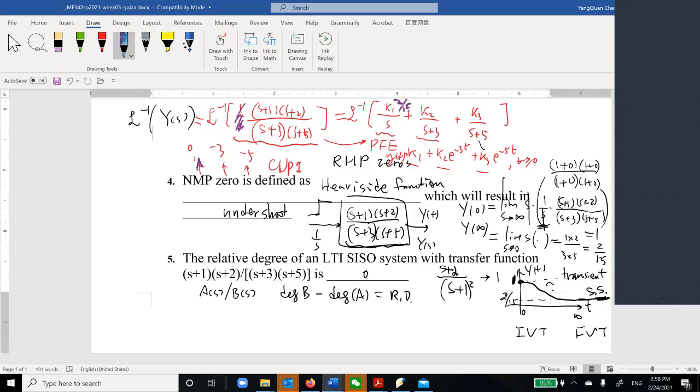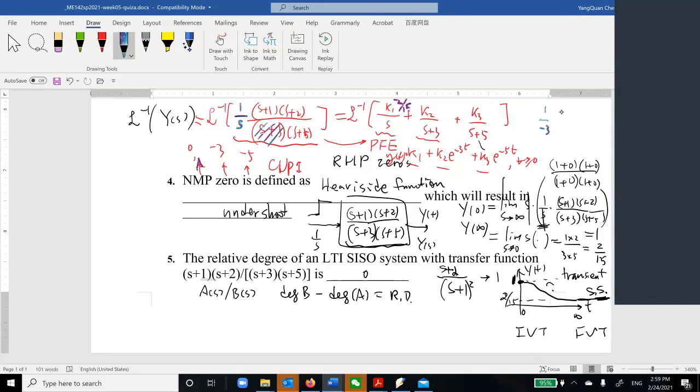So now let me do this. I'll keep the rest here. Now I'm going to cover up this factor, then plug in -3. So this will give me 1 divided by -3.